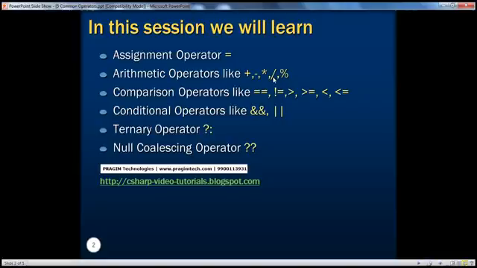So if I divide 10 by 2, I get the quotient as 5 and the remainder as 0. Depending on which operator you use, if you use forward slash, you get the quotient, which is 5 in our example. If you use percentage, you get the remainder, which is 0 in our case.